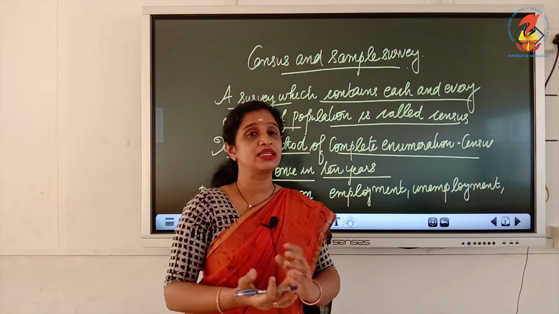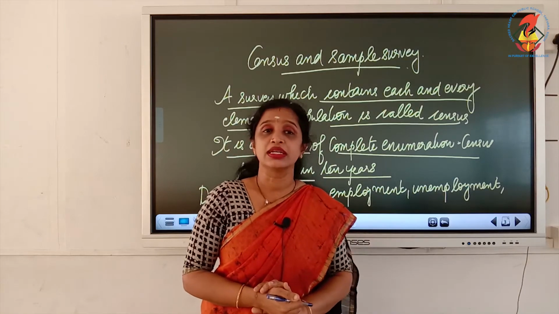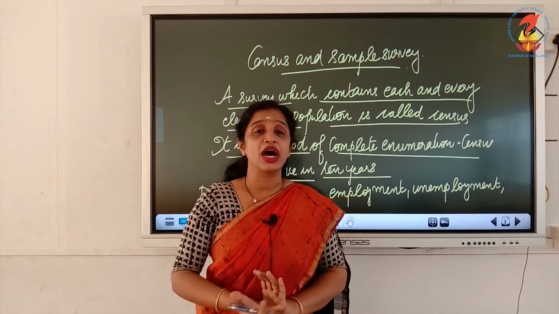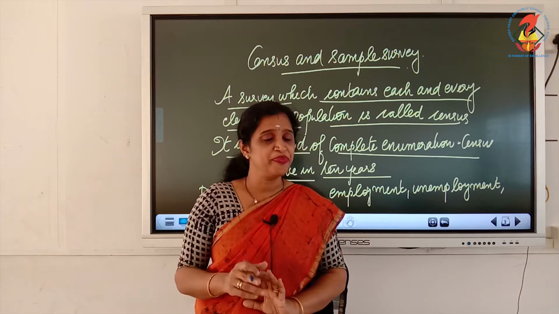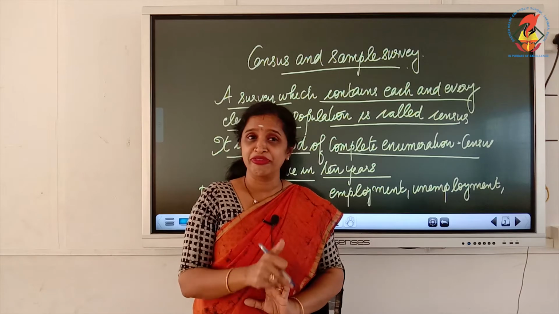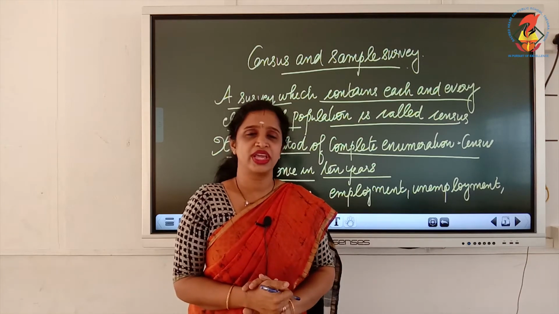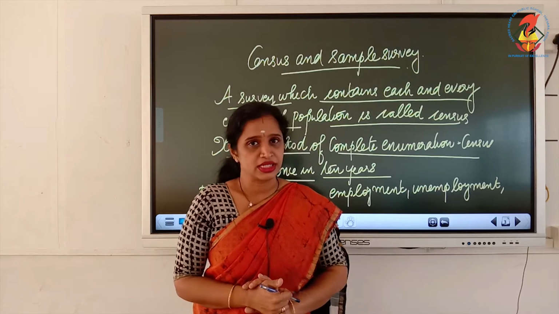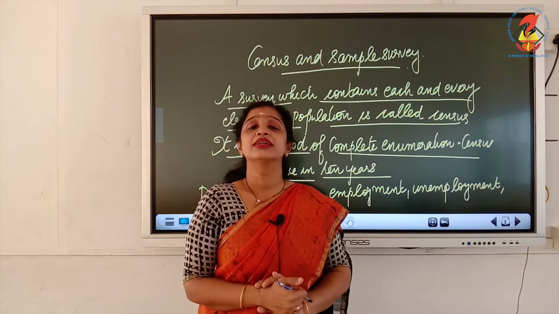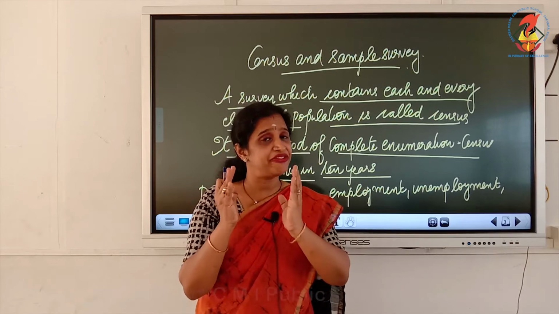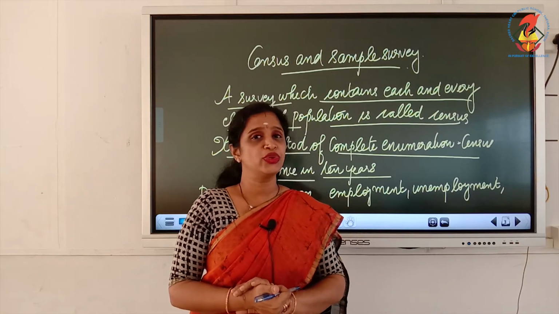So it collects detailed information regarding unemployment, employment, number of adults, number of children, number of males, number of females, literate, illiterate; all these details are taken while the census is done. So census is a study of complete enumeration. Each and every element of population is taken into consideration.